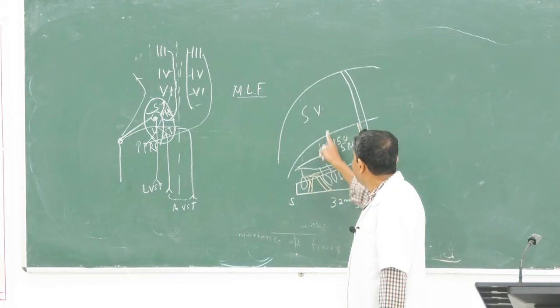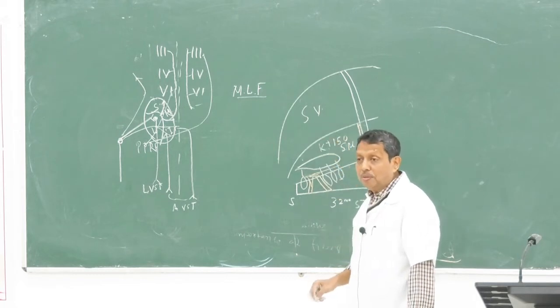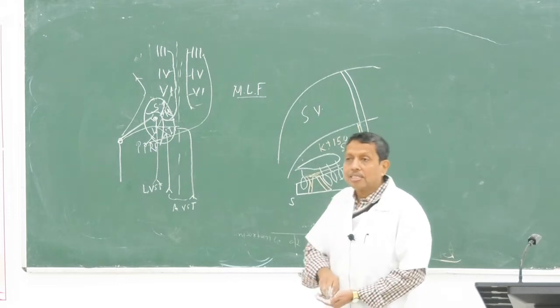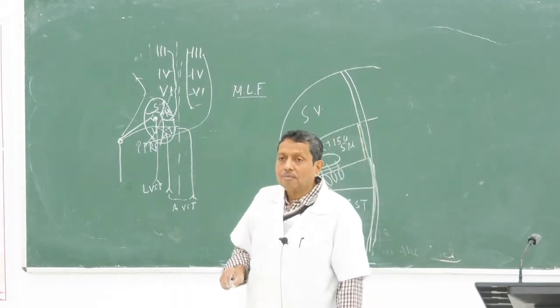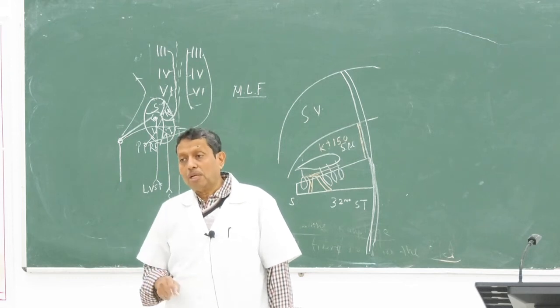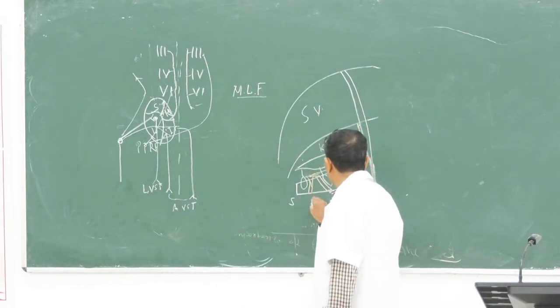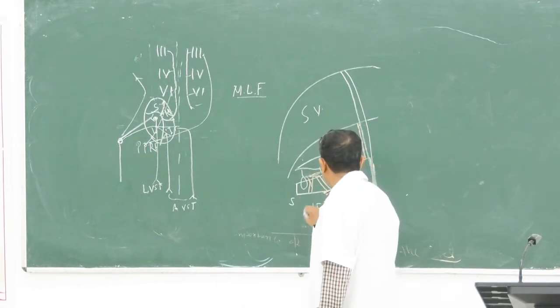Within the scala vestibuli and scala tympani there is perilymph, which is connected through the cochlear aqueduct to the CSF, cerebrospinal fluid, and so it is sodium rich, with sodium of about 150.